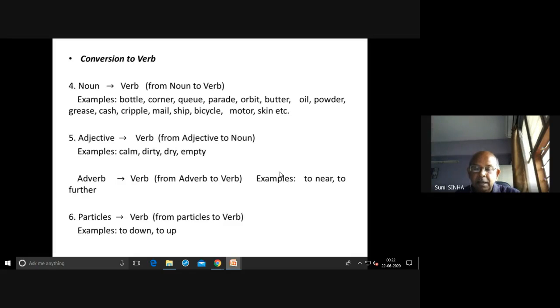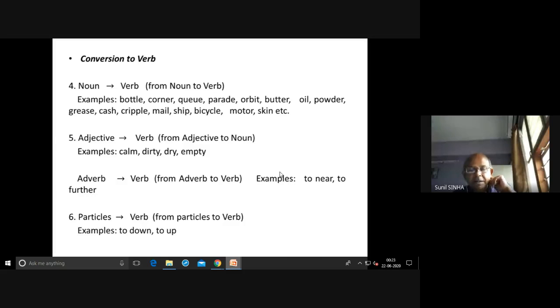Bottle, like this is a green bottle. Bottle is a noun. But I bottled the water. Which means I put the water in the bottle. So bottle is a verb in that sentence.